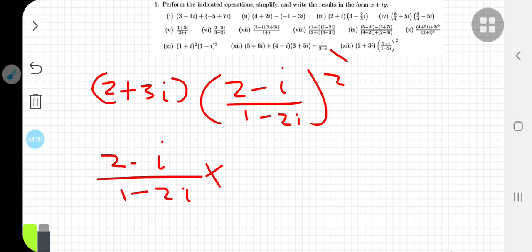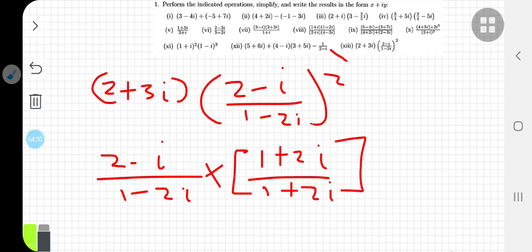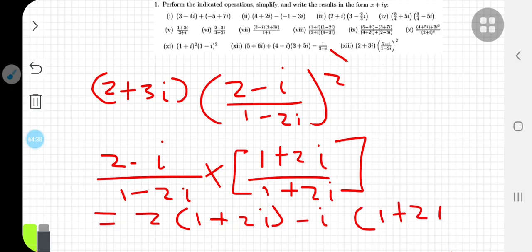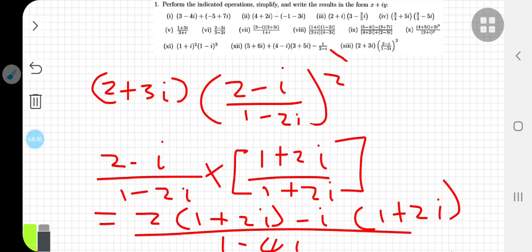Multiply this with its conjugate. I'm going to have 1 plus 2i over 1 plus 2i. This gives me: we multiply 2 with 1 plus 2i, minus i multiplied with 1 plus 2i, over 1 times 1, which gives us 1, then minus 4i squared.